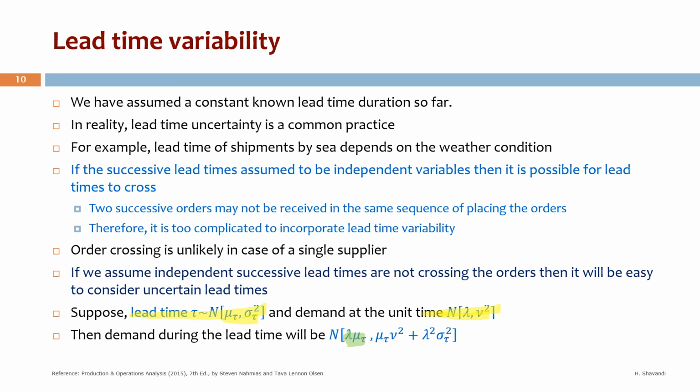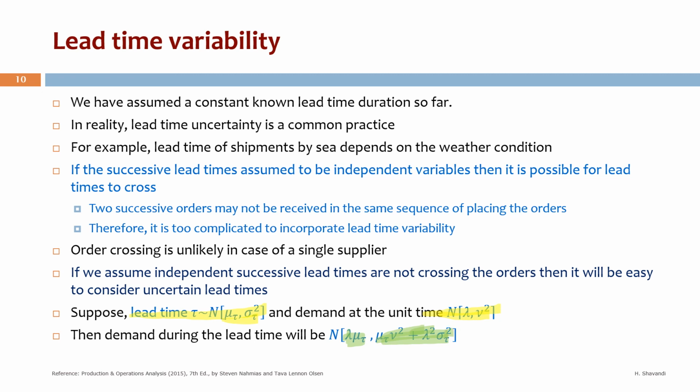But that's totally different for the variance. The variance will be mu tau times nu square, meaning the mean of lead time length times the variance of demand during the unit time, plus lambda square, the square of the mean of demand during the unit time, times the variance of the lead time's length.